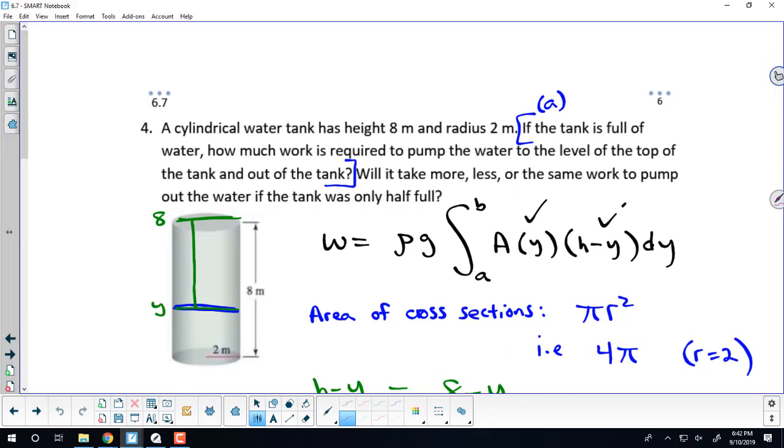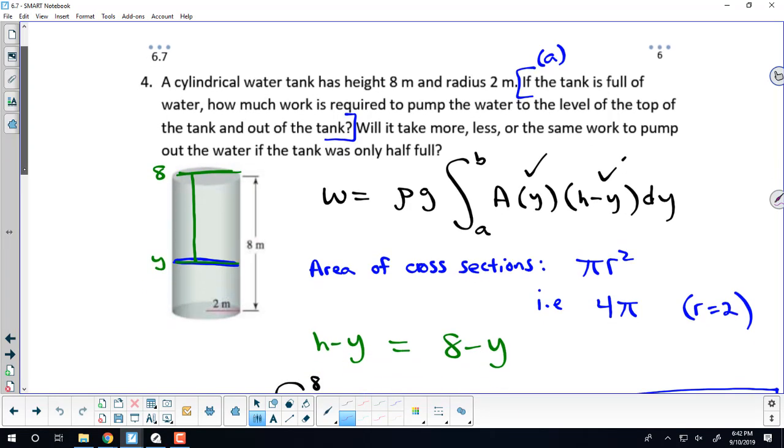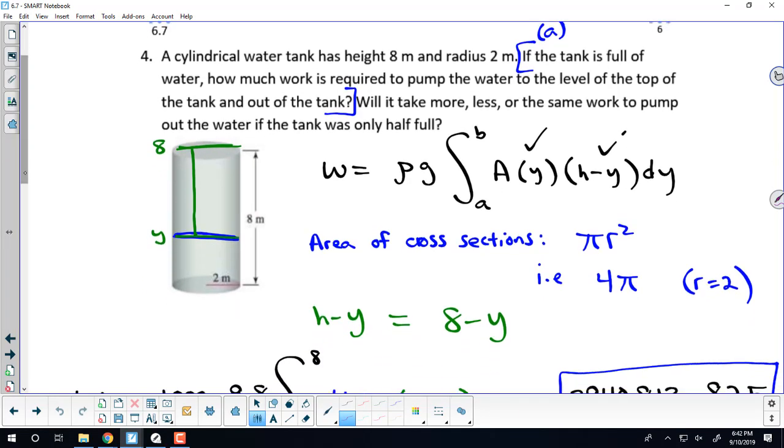So we left off in 6-7, looking at this work example, and we did answer part A. How much work is required to pump the water to the top of the tank and out? Remember, the formula for work involves density and gravity as constants. It involves us integrating the area function. The area is the area of the cross sections, which depends on the tank.